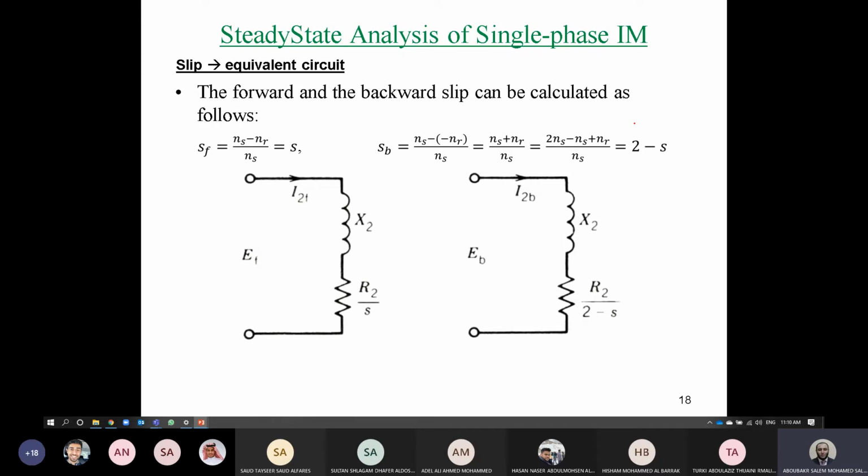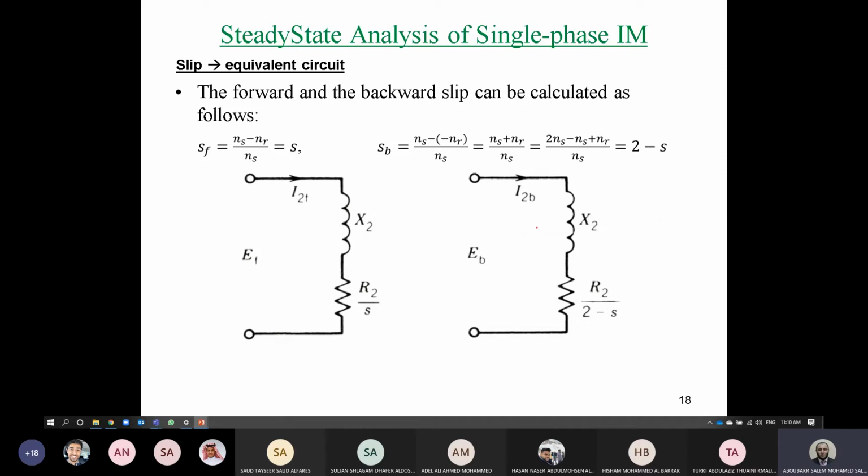Now let's start the analysis and equivalent circuit of this type of motor. Firstly, Shabab, if we have the rotor equivalent circuit for the induction motor, we have stator and rotor. Stator circuit and rotor circuit.